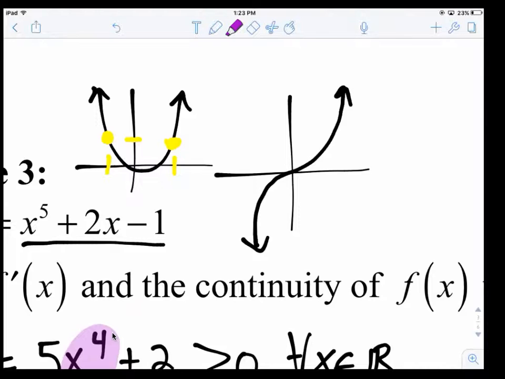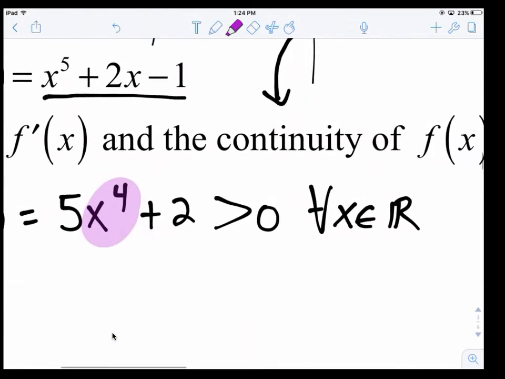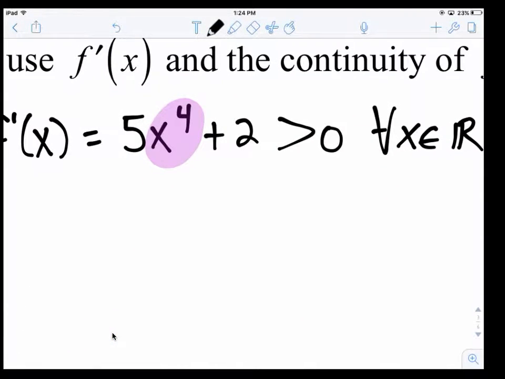As you read the graph from left to right, your values are increasing as you go. Okay, so we can say that f of x is strictly increasing.